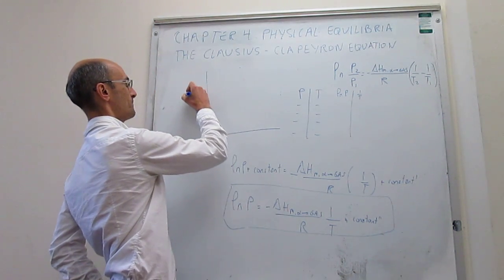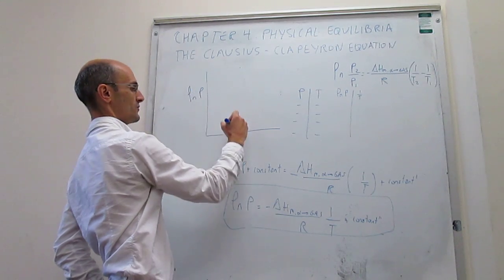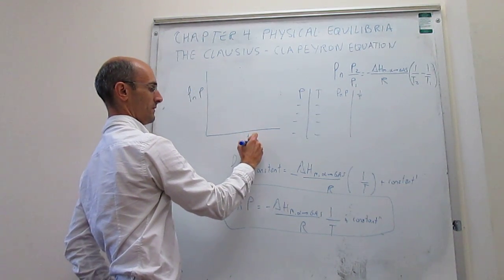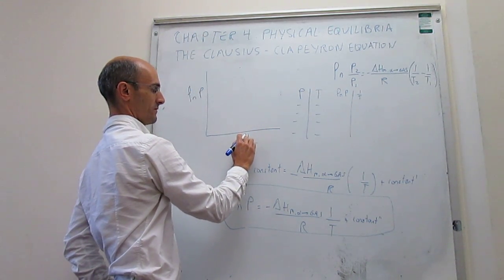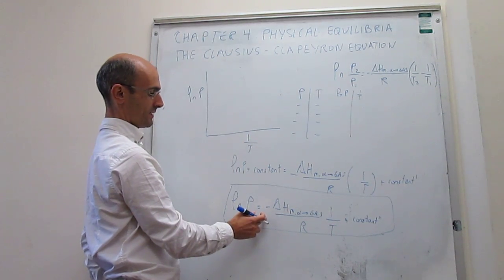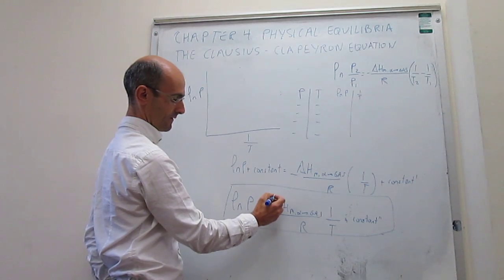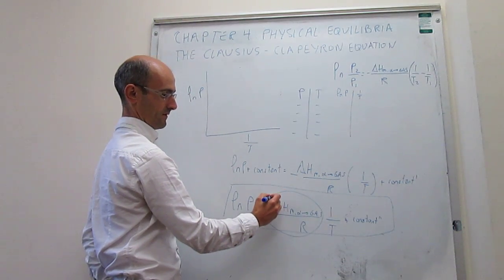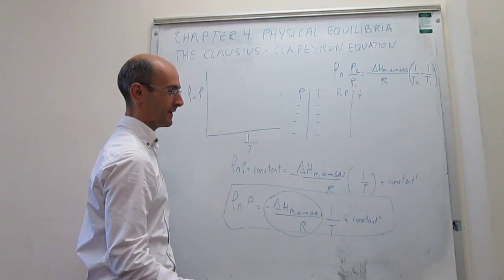The way that that is going to look is like this. Natural log of P versus 1 over T. According to this expression, this should be just a straight line in which the slope is going to be this, and the intercept with the axis is going to be that constant.